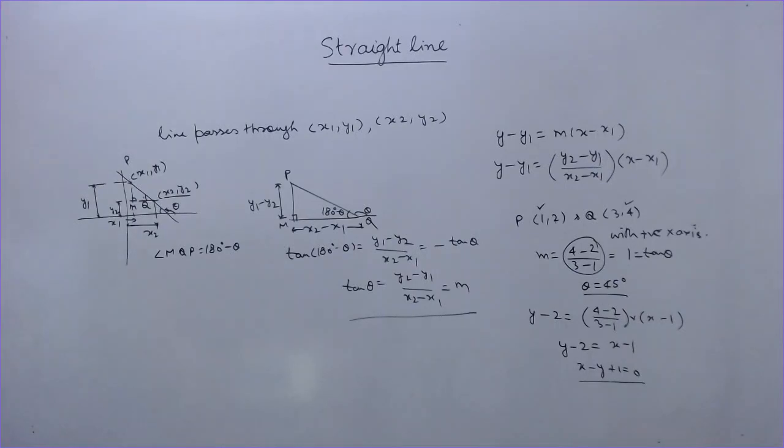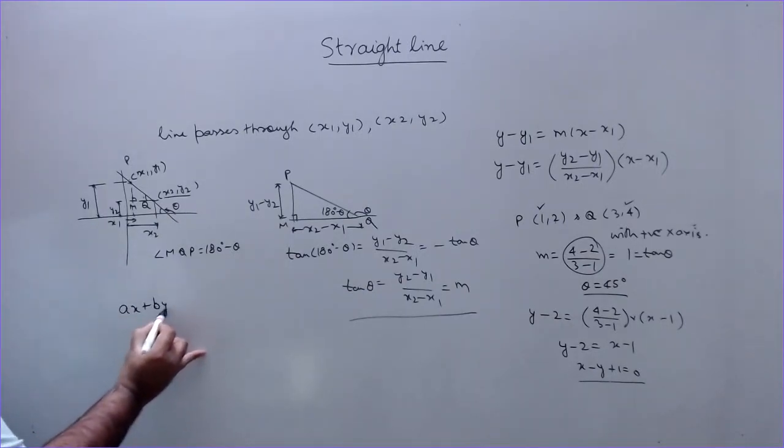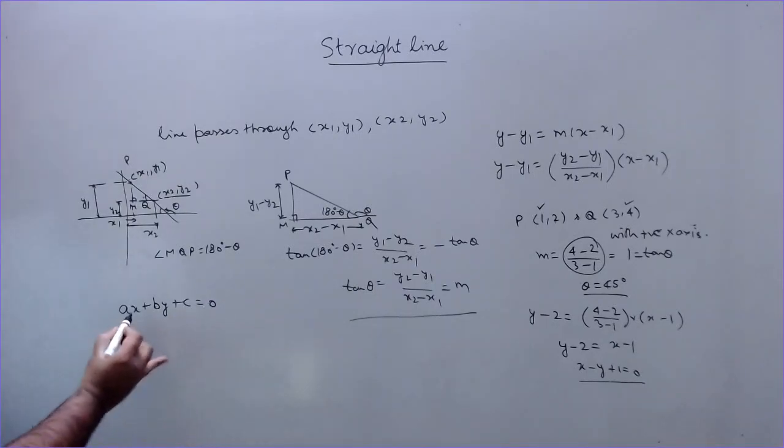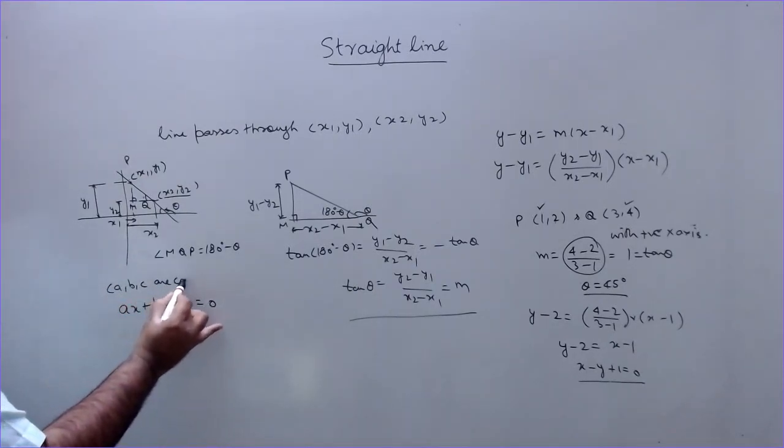Now one form can be converted into another form very easily. How can we do this? You must have studied in the previous class that the general equation of a straight line is ax plus by plus c equal to 0. Here a, b, c are constants.